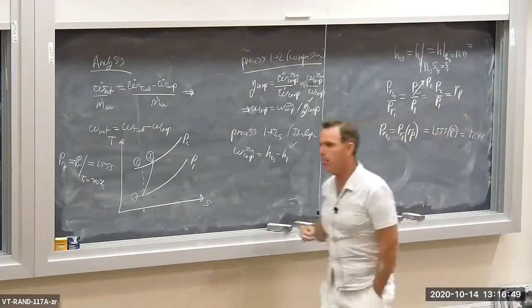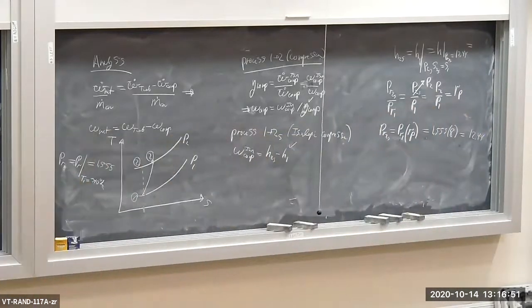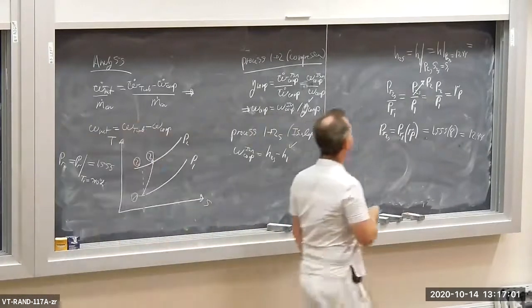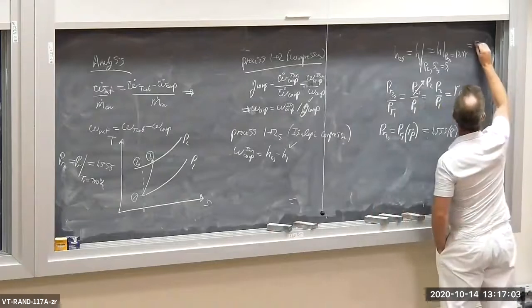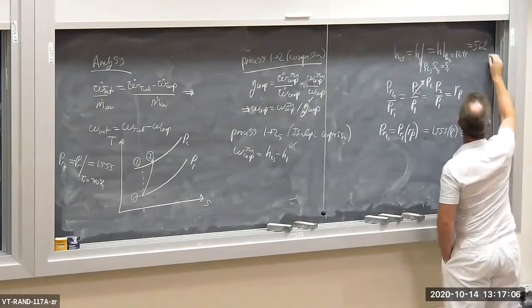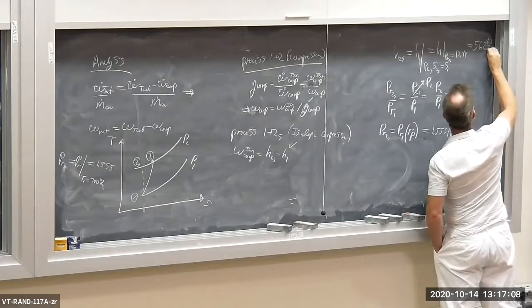And I look up H at PR2 sub s of 12.44, and I get H2 sub s 562 kilojoules per kilogram.